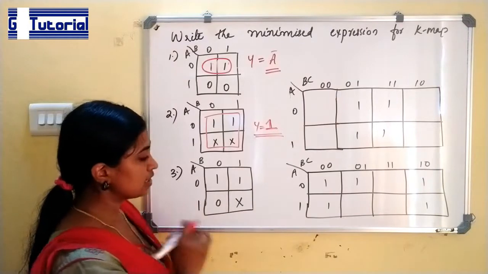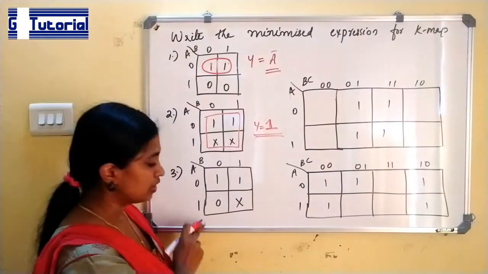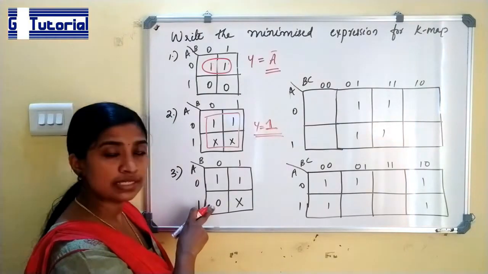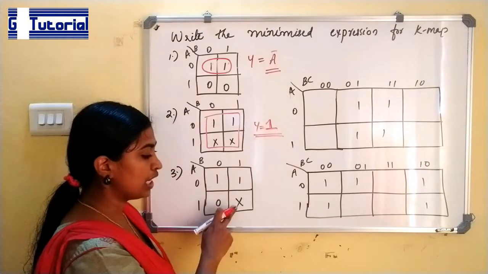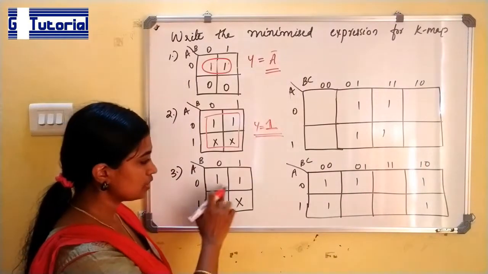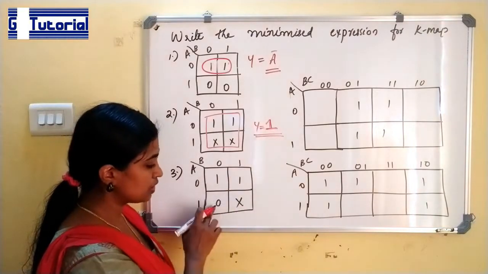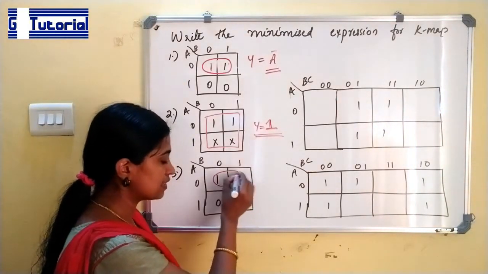In this case, you cannot form a quad because here there is a 0. You should group only ones and don't cares in case of sum of product expression or min terms. So it is not possible to take the 0. So you can form a pair like this.